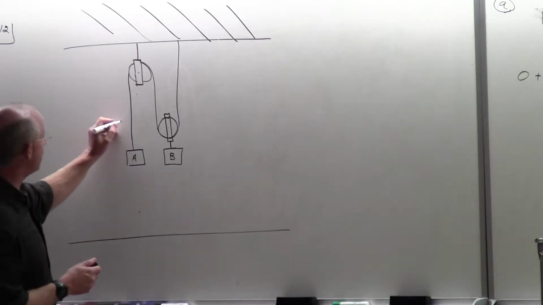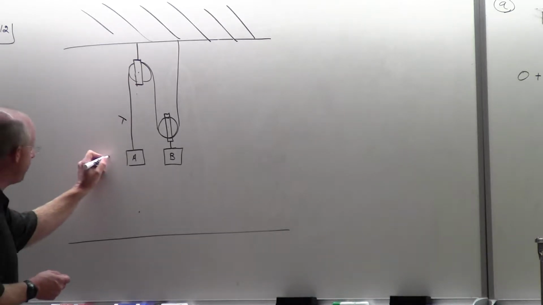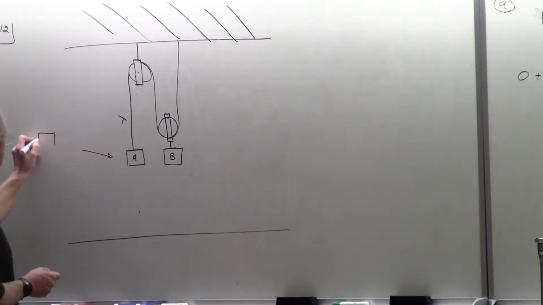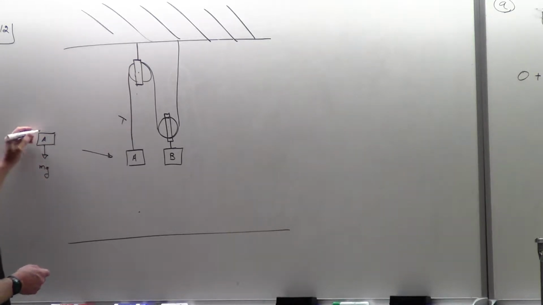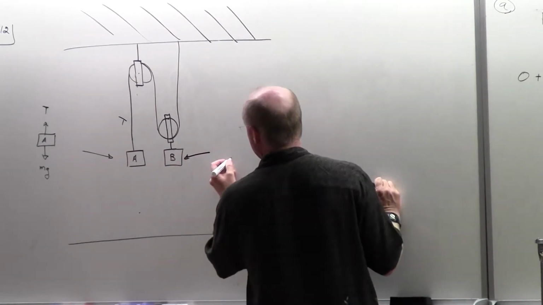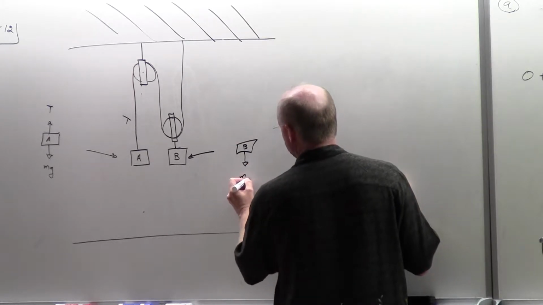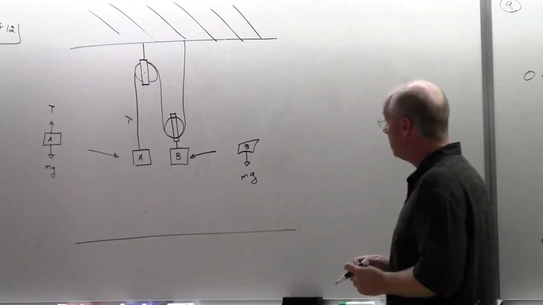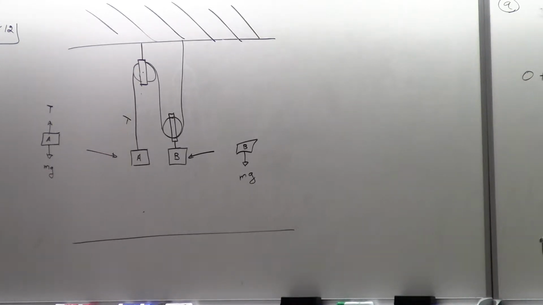And so if we call T the tension in here, looking at the free body diagram for A, we've got A being pulled down by mg but lifted up by T. Whereas looking at the free body diagram for B, B is being pulled down by mg, but as you guys noticed correctly, it's being pulled up by 2T, right?